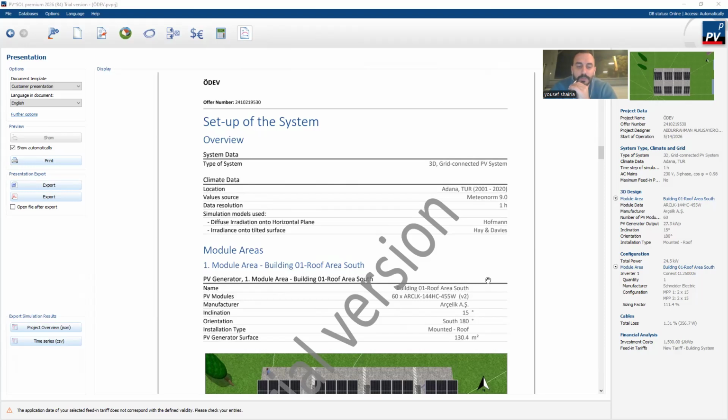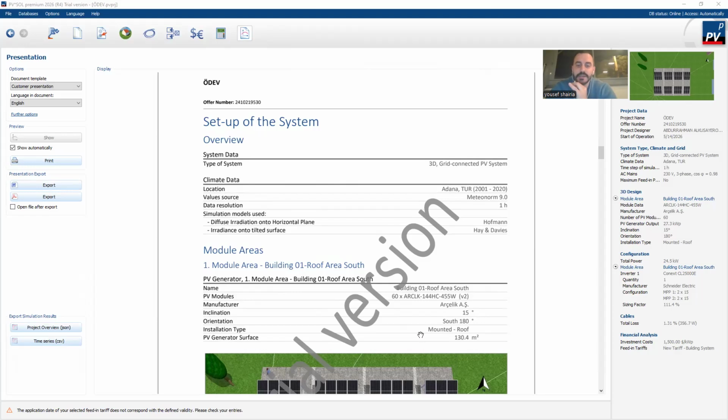Moving on to the model selection, I selected 60 panels of the model Arçelik 144HC 455 watt, manufactured by Arçelik, a leading Turkish company in electronics and energy.